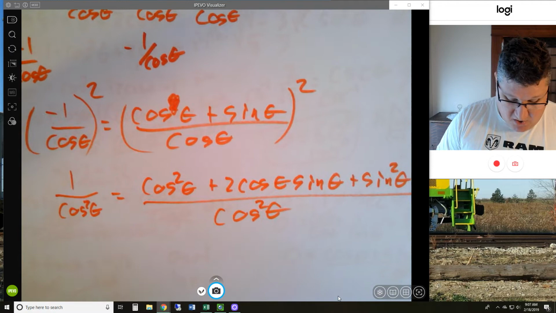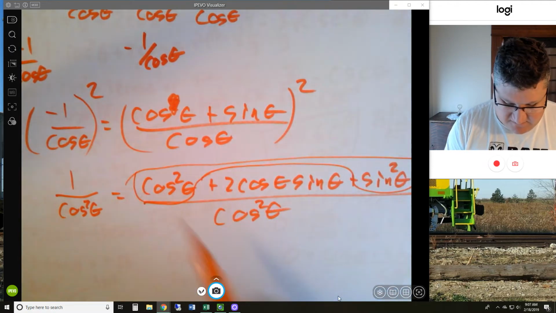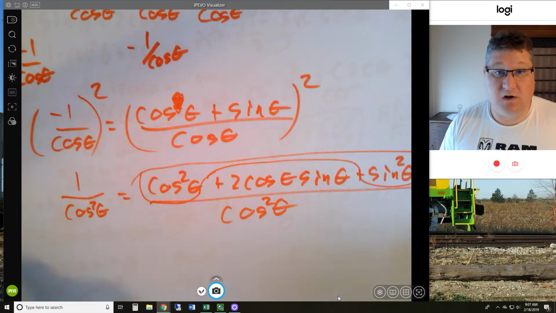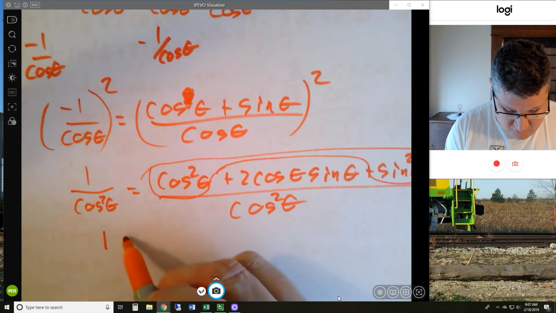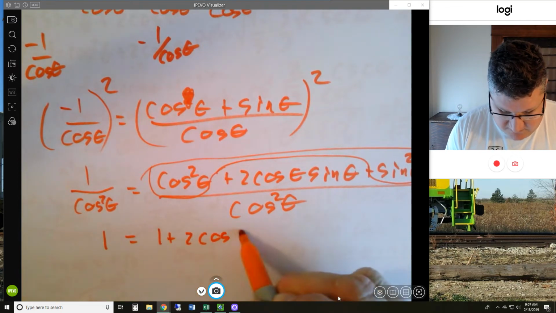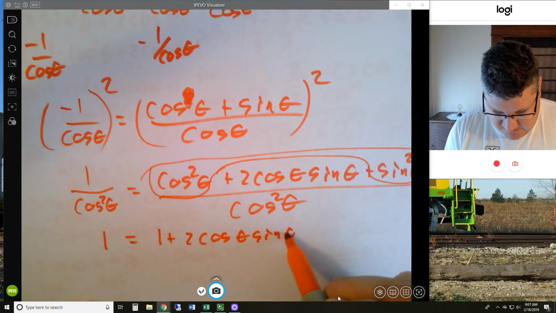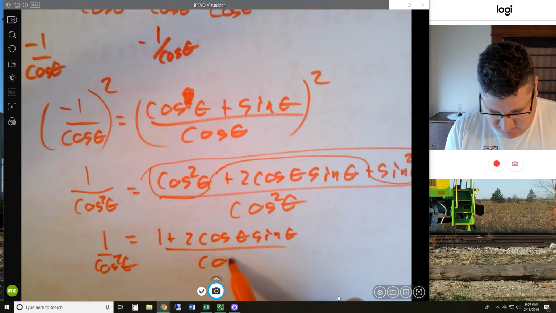All right. At this point, cosine squared plus sine squared equals 1. So I have 1 equals 1 plus 2 cosine theta sine theta all over cosine squared theta, all over cosine squared theta.